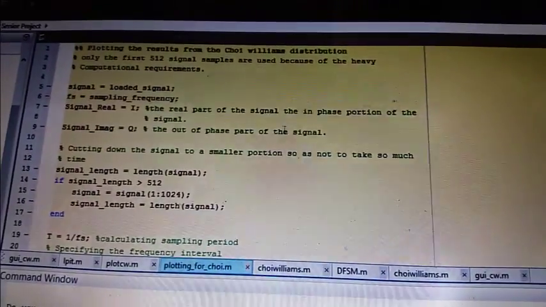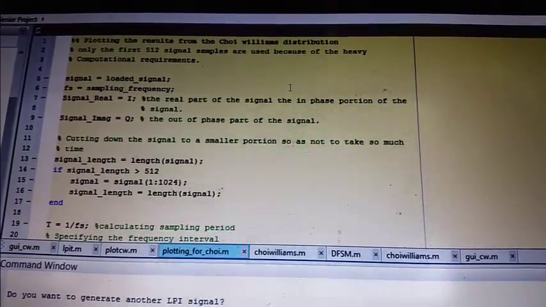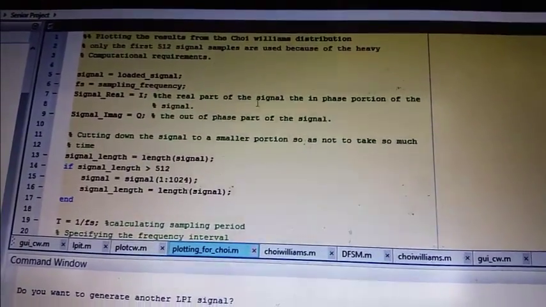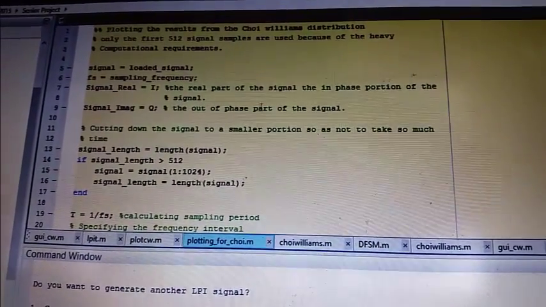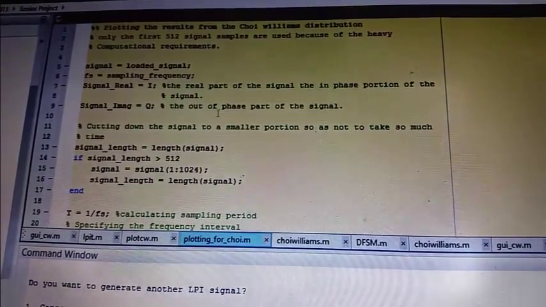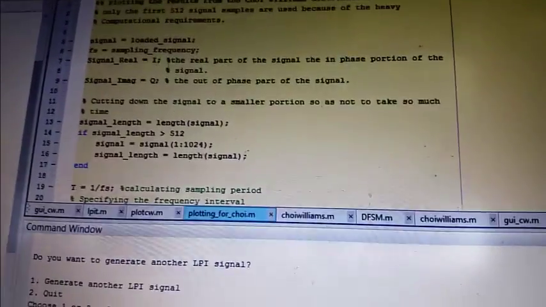Okay, here's MATLAB, and I used the book on detecting and classifying low probability of intercept radar quite a bit. It was a very good resource in knowing how to code this. So first, I load the signal, and then there's the sampling frequency.